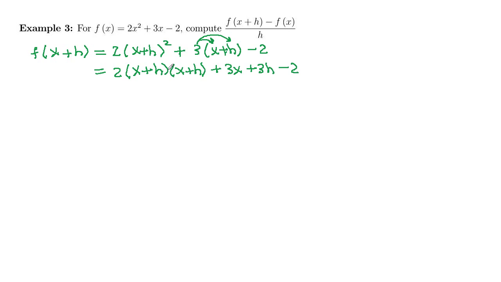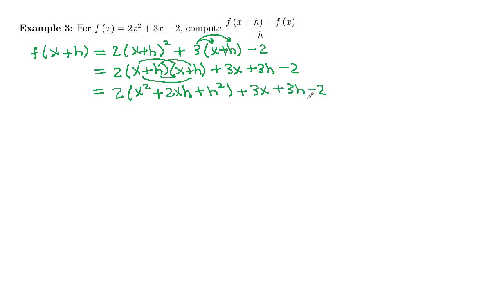And now let's FOIL out here. x squared, so we got our 2 out in front still, x squared, outer terms xh, inner terms another xh, so plus 2xh, and then last terms plus h squared, plus 3x, plus 3h, and minus 2.